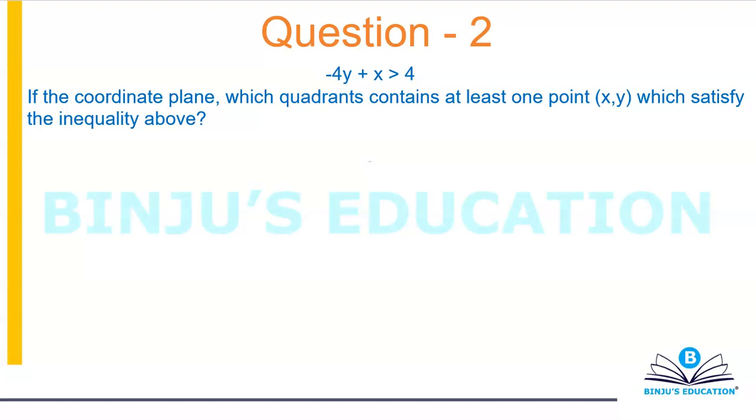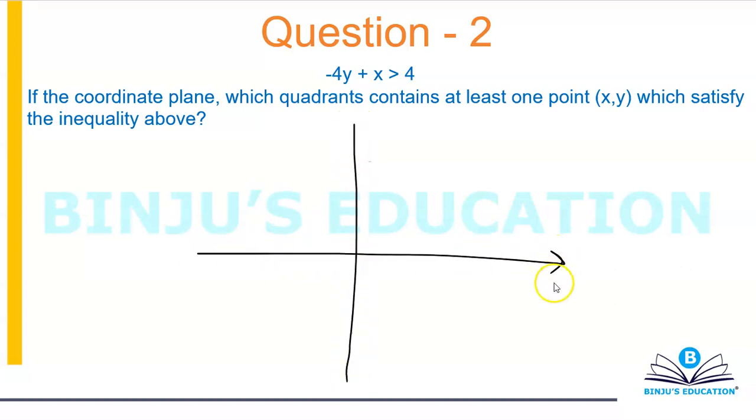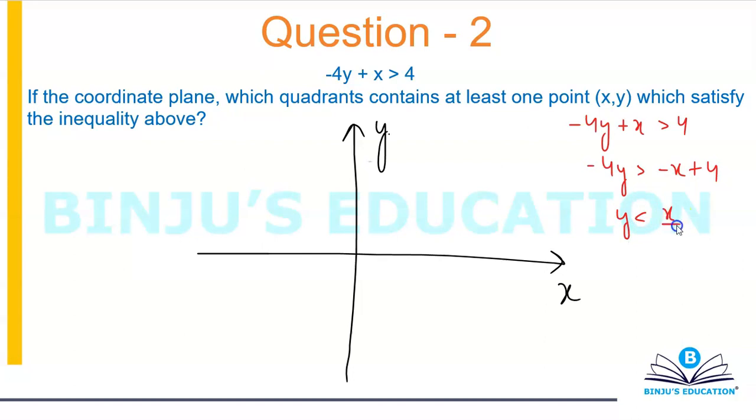So again, first thing first, I'm going to rewrite this as minus 4y plus x is greater than 4. So minus 4y is greater than minus x plus 4. Dividing both sides by negative 4, I get y is less than x by 4 minus 1.